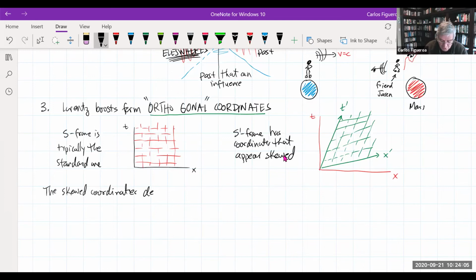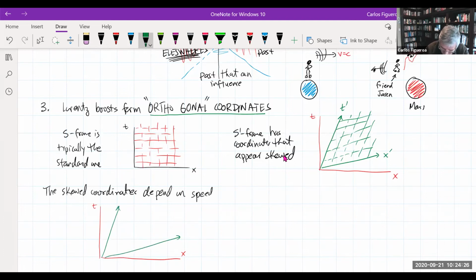So the skewed coordinates depend on speed. In other words, if I have a coordinate system like this, and if I move, and this guy moves at, let's say, 50% C, in other words, beta is equal to 0.5, then the coordinate system looks like that.